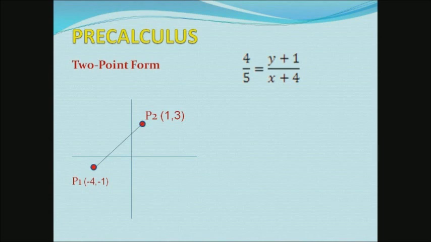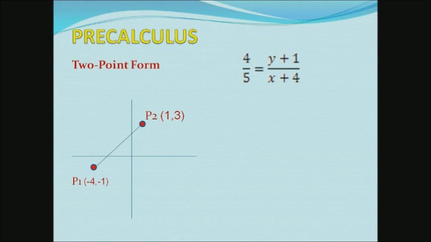Okay? So, this time, we have denominators, so we will do cross multiplication to remove the denominators for us to have a single layered equation. Okay? So, that means we will multiply 4 by the denominator x plus 4, and then y plus 1 will be multiplied by the denominator 5.